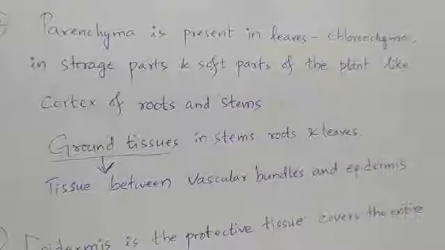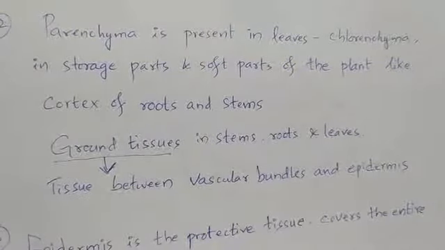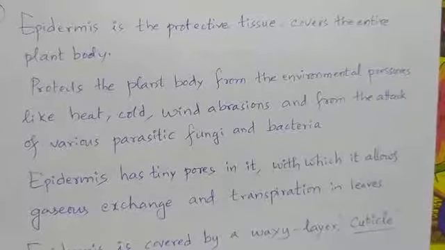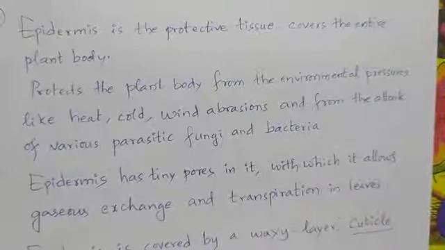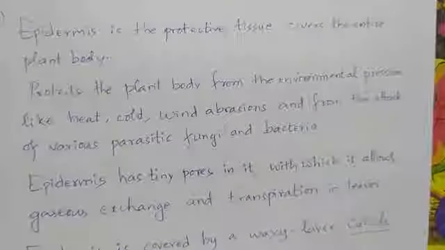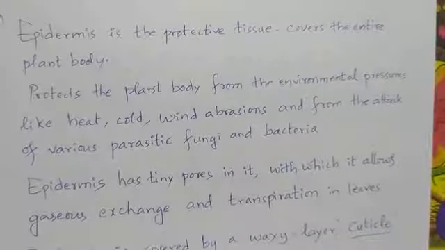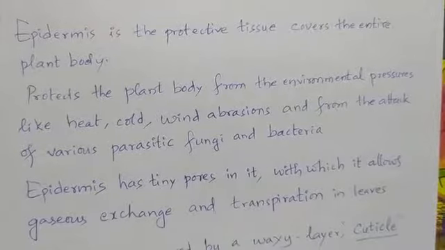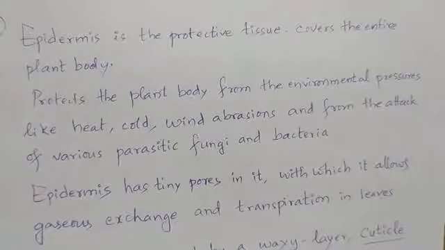Next, what is the role of epidermis in plants? Epidermis is the protective tissue that covers the entire plant body. It protects the plant body from environmental pressures like heat, cold, wind abrasions, and even from the attack of various parasitic fungi and bacteria.